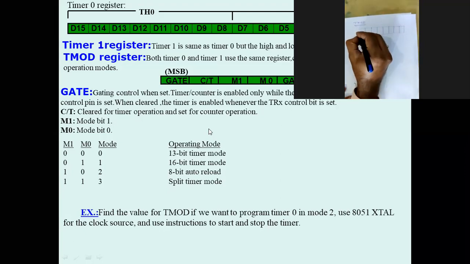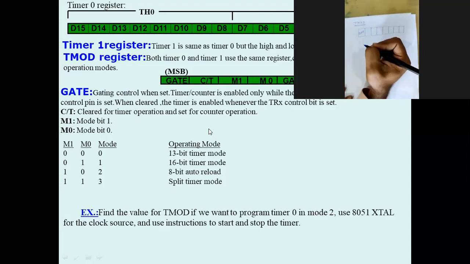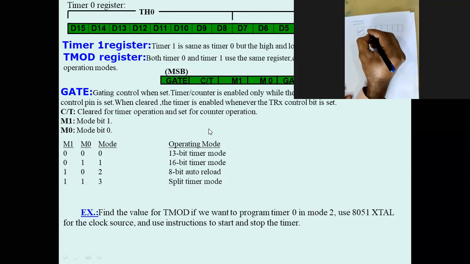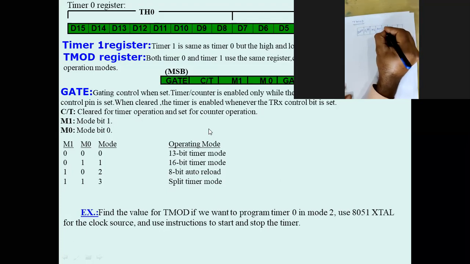At the first bit there is GATE, then C/T bar, M1, M0, then GATE again, C/T bar, M1, M0.